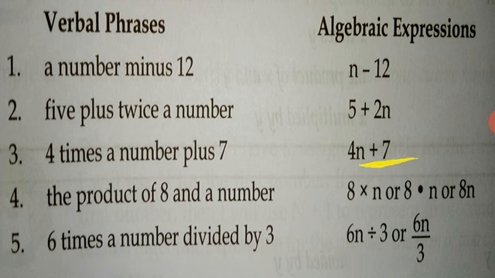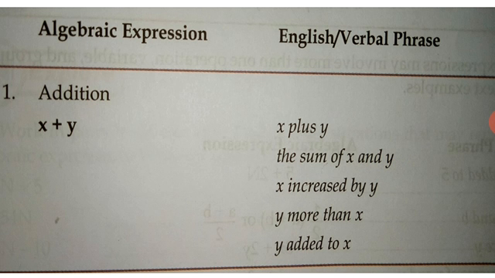Next is the algebraic expression written into English or verbal phrase. x plus y. We can say the sum of x and y, x increased by y, y more than x, y added to x.